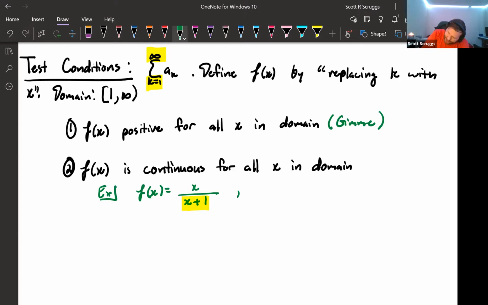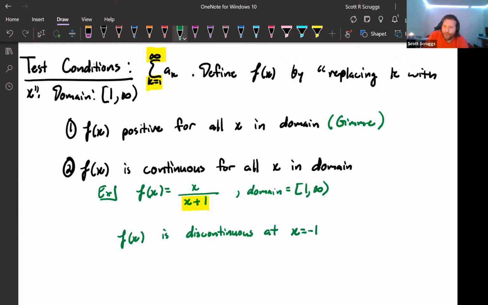So first we'll state f of x is discontinuous at x equals -1. And while it's unfortunate that I do have a discontinuity, I'm not worried about it because that point -1 is not even in my domain.